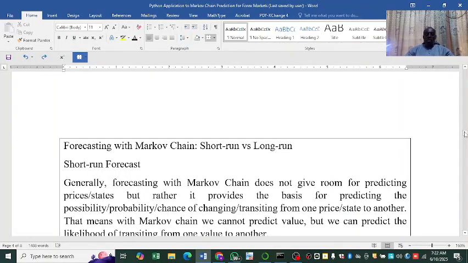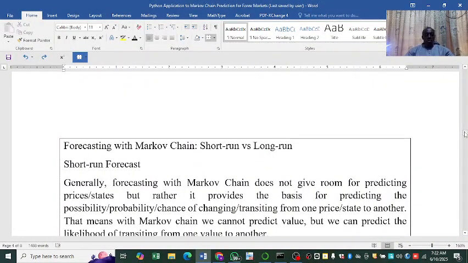So let's look at the long-run forecast versus the short-run forecast. Let's take the short-run forecast first. In the short-run forecast, we are simply saying that you can forecast tomorrow from today. That means that tomorrow depends on today, or the next tomorrow event depends on tomorrow's event, and that is what we refer to as short-run forecast.